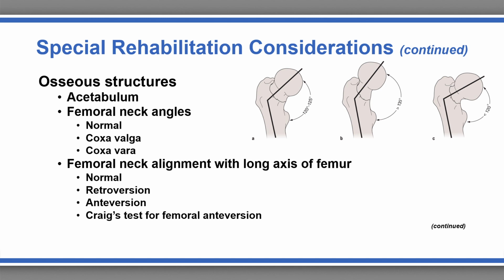So let's start off by looking at the bony structures and their alignment, as that has implications for rehabilitation. Firstly, we have the acetabulum, or the hip socket, and that is in an inferior and anterolateral type position.